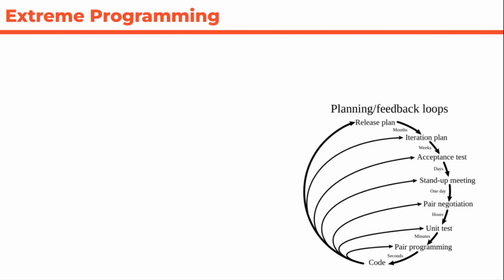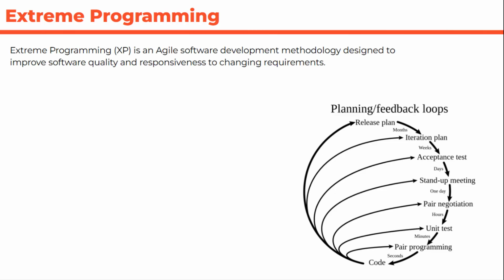And we go back and we start again. And you'll notice that there's times in between them. So extreme programming is actually a version or a derivative of agile development. That's right. It's a child of it, let's say.